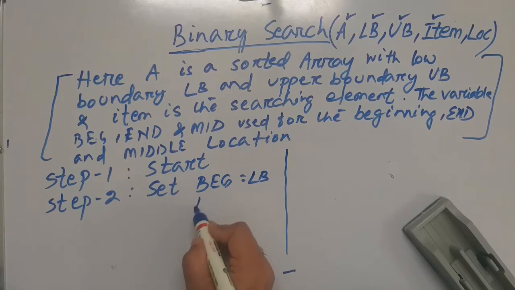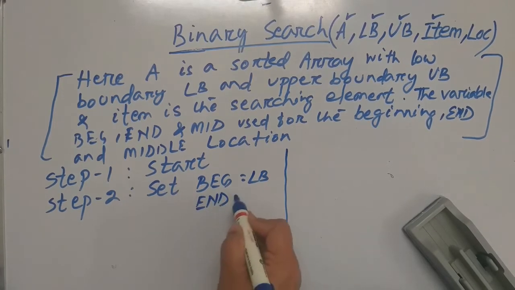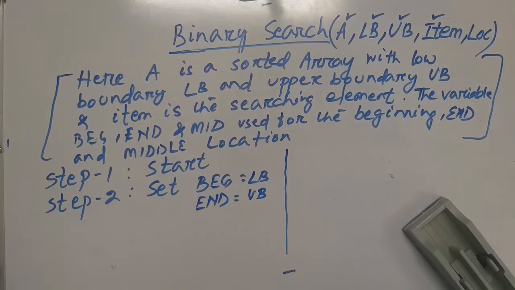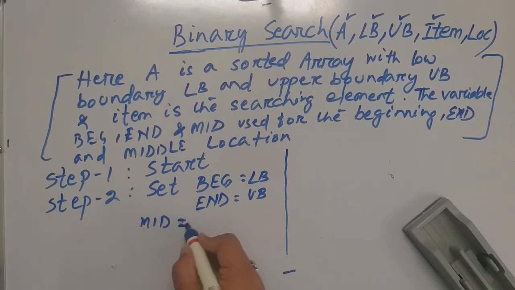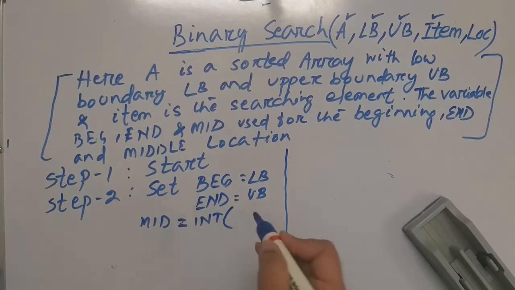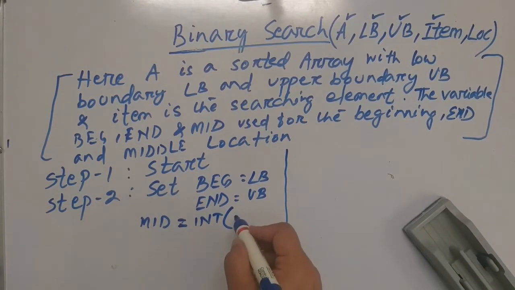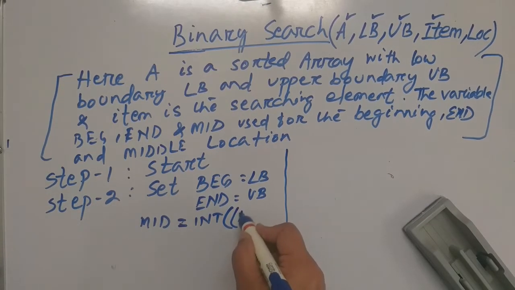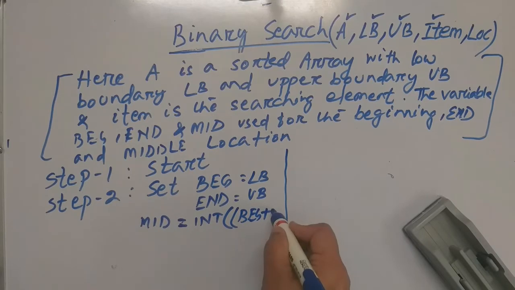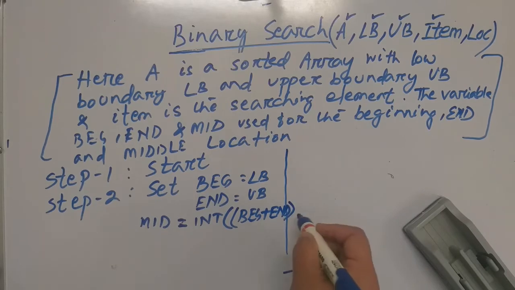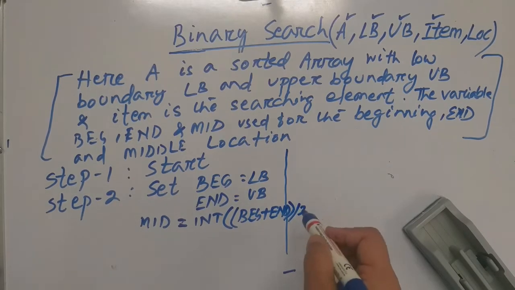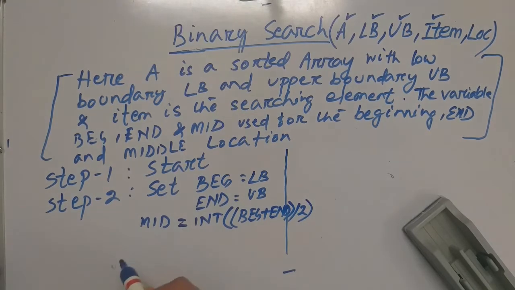End is equal to upper boundary. And mid, how do you decide the mid? Mid is equal to integer of (begin plus end) divided by 2. We take it as an integer because we are not taking any float value.